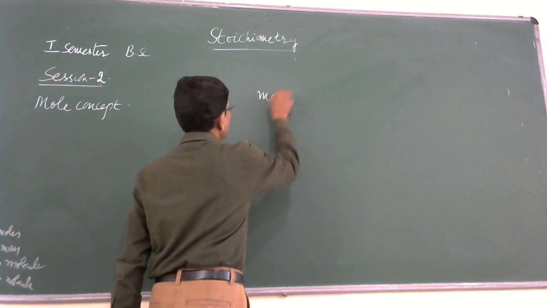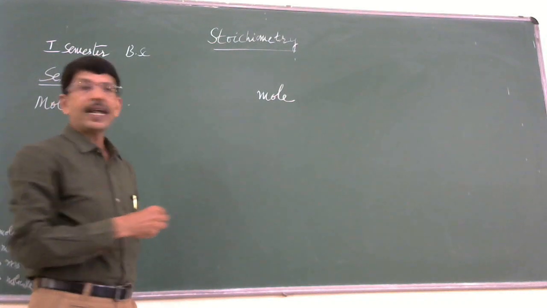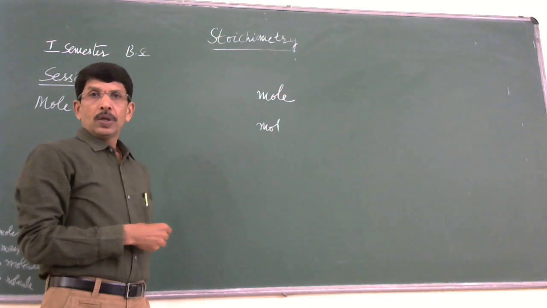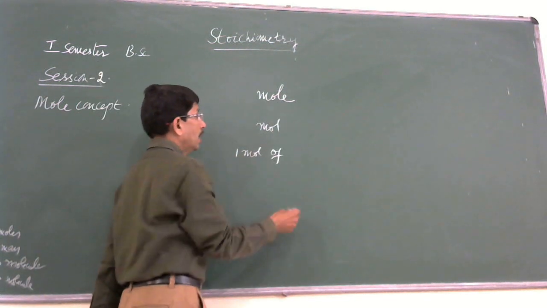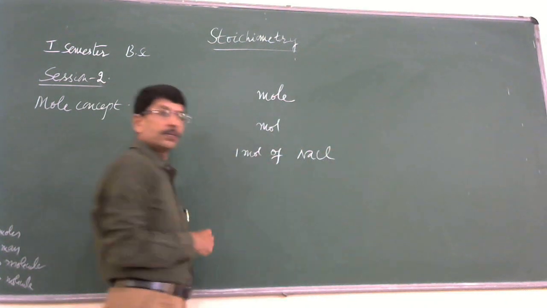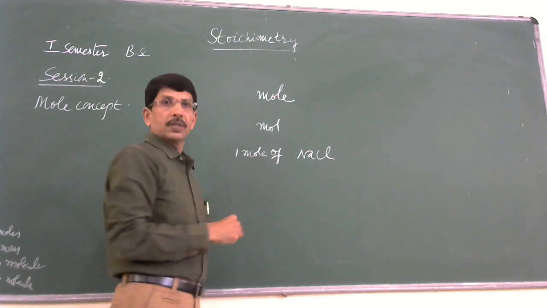So the spelling is written as MOLE, but when it's written as a unit, we write 1 mole. So when I say 1 mole of sodium chloride, I can write it like this, or I can also write it like this.